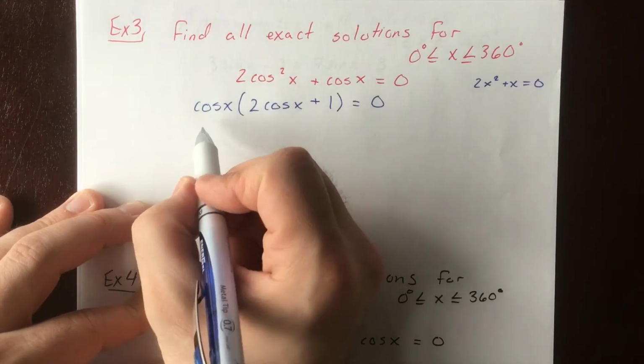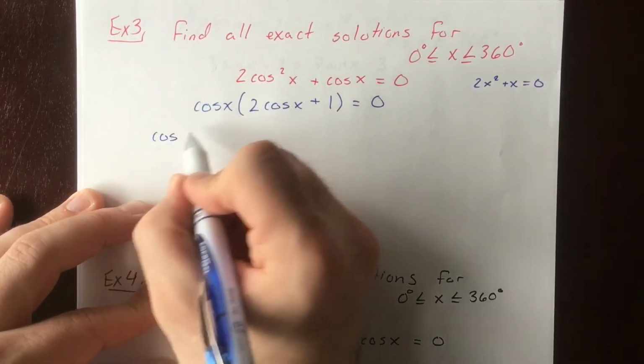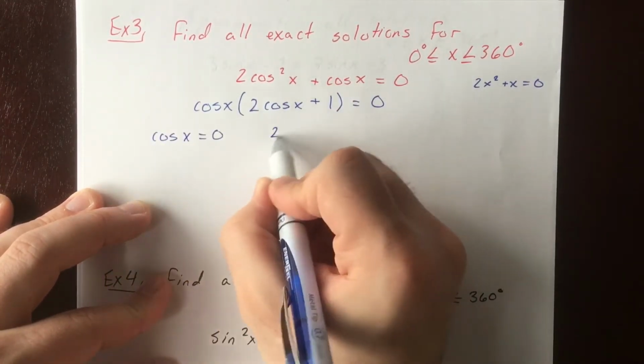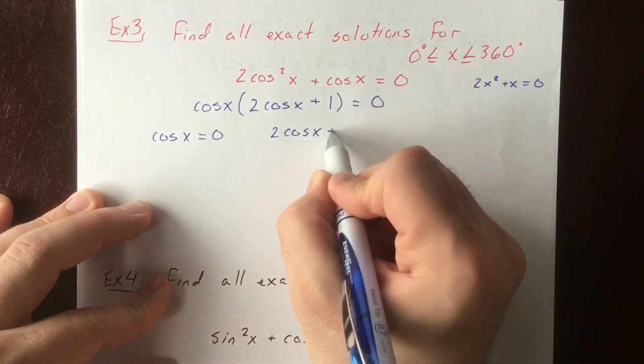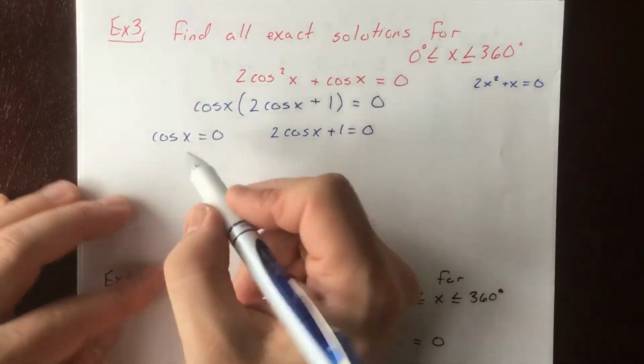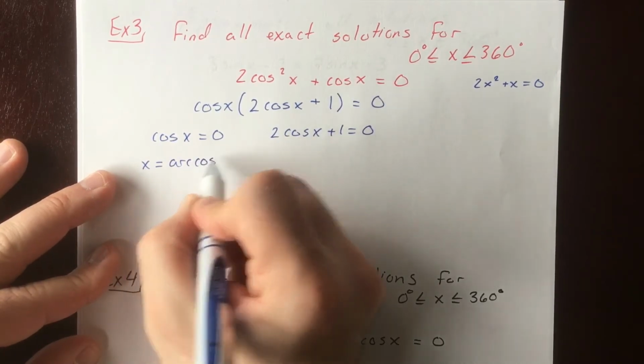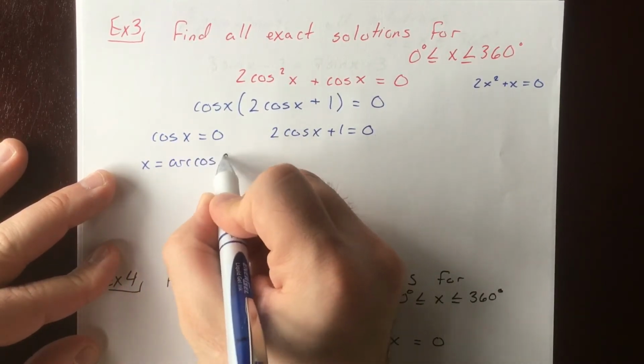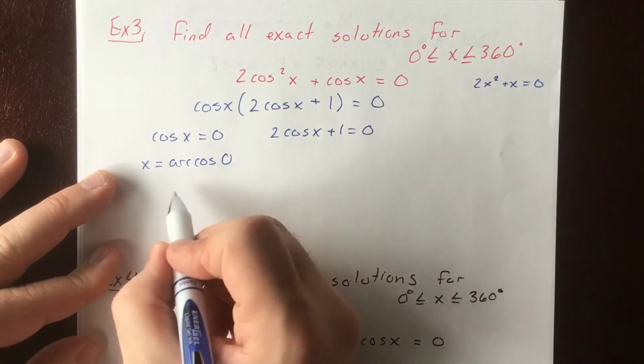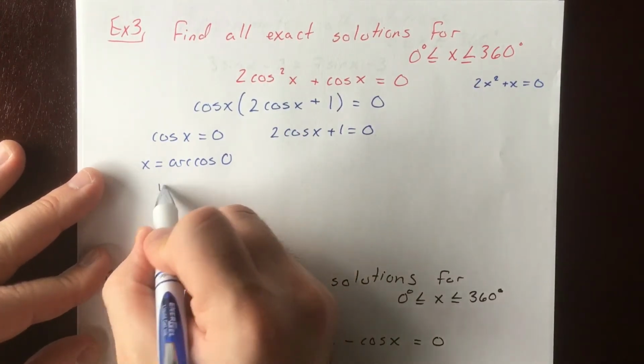Now, zero product property. Cosine of x equals 0, or 2 cosine of x plus 1 equals 0. So cosine is 0 at our 2's, at pi over 2 and 3 pi over 2.